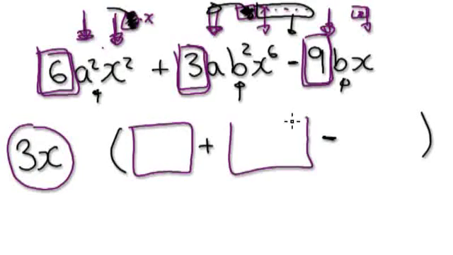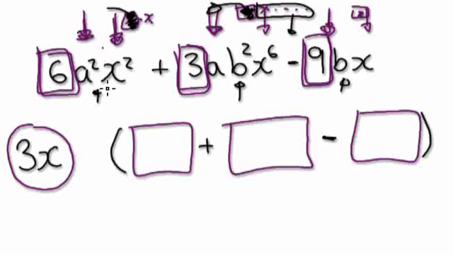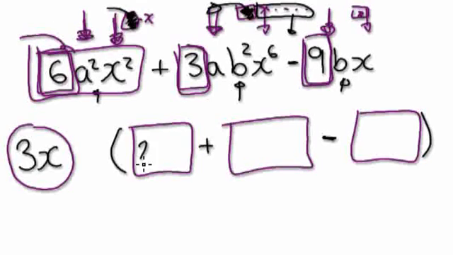Let's look at this term. Remember we've taken the 3x out, so what's left will be 2. Looking at the 6 here, we've taken the 3 out, so 2 will be left.